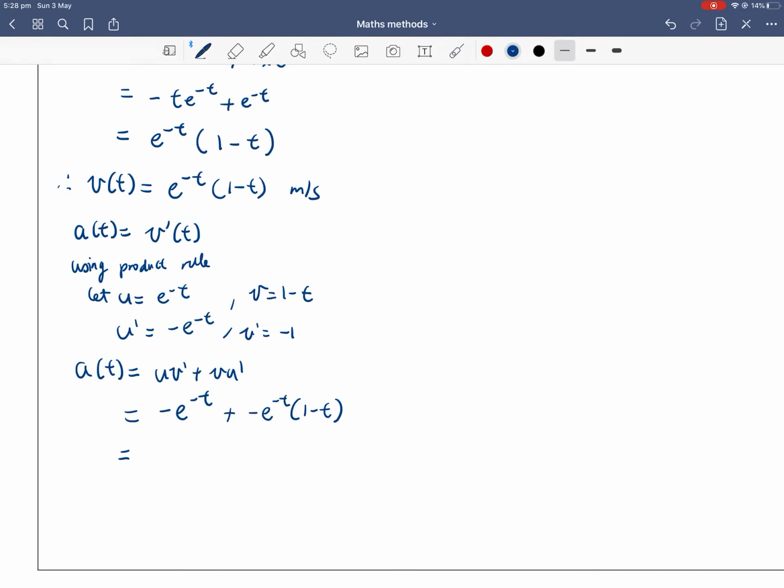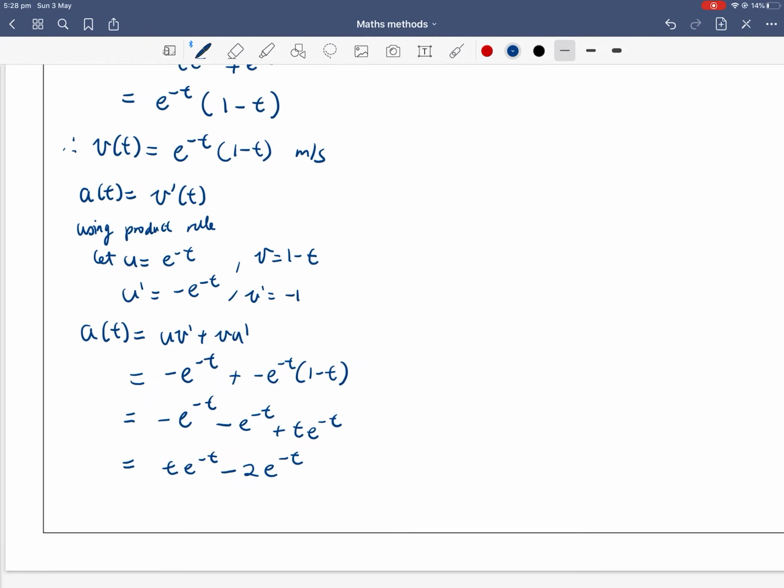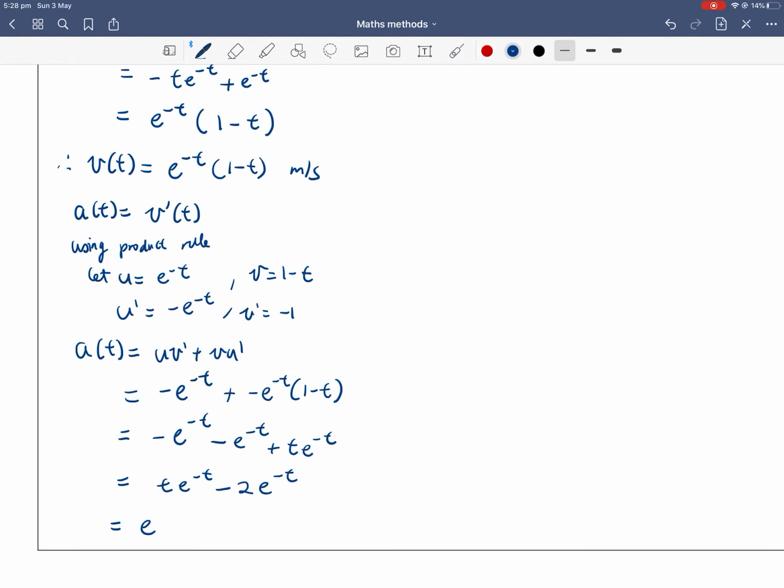Essentially we can pull out a common factor, or we can expand and simplify, it really doesn't matter. That's e to the negative t minus e to the negative t plus t e to the negative t. So that's t e to the negative t minus 2 e to the negative t. I can pull out a common factor of e to the negative t, times t minus 2.